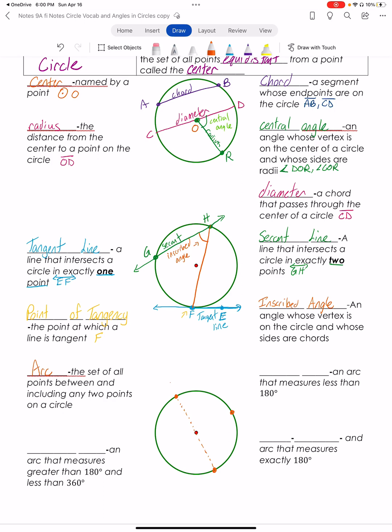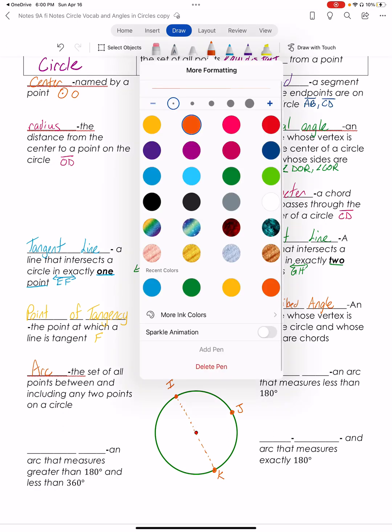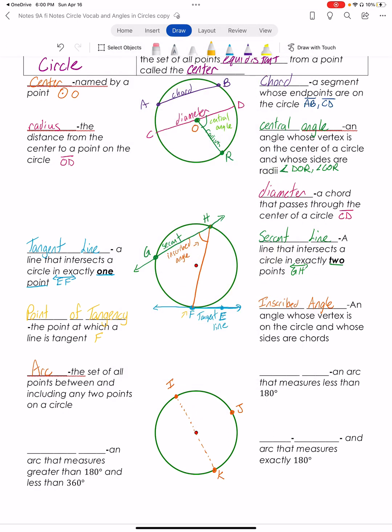So we're going to say this is I, this is J, and this is K. So I to J, this is an arc. When you write an arc, you're going to put a little arc over it. Otherwise, if you just write IJ, that would actually be the distance from I to J, which would be right there, which is not what we are looking for.